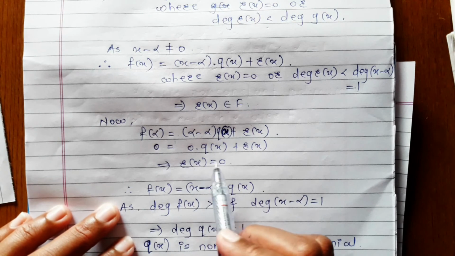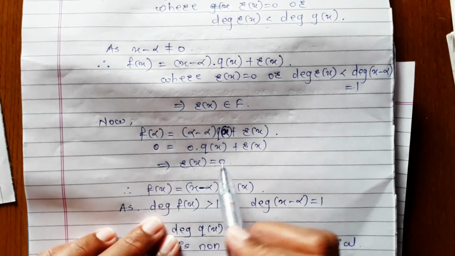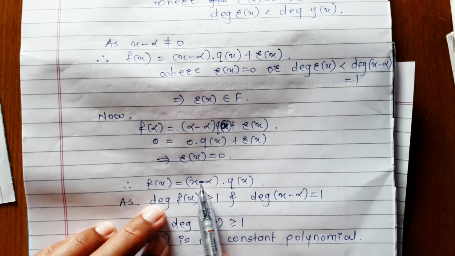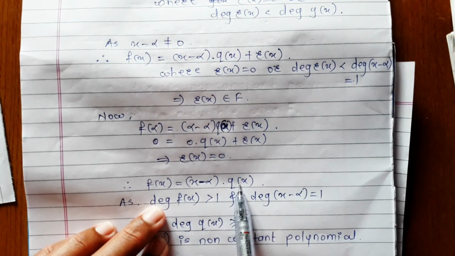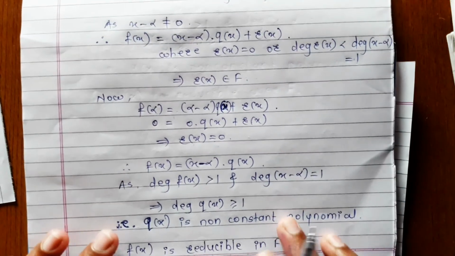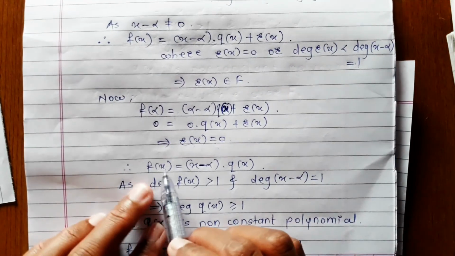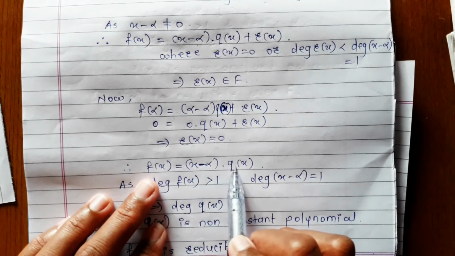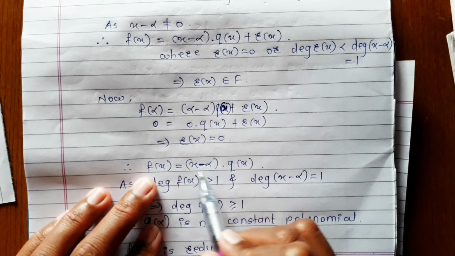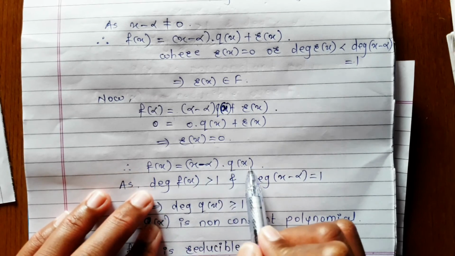And as r(x) equals 0, f(x) can be written as f(x) equals (x minus alpha) times q(x). Now, this gives degree of f(x) equals degree of (x minus alpha) plus degree of q(x).